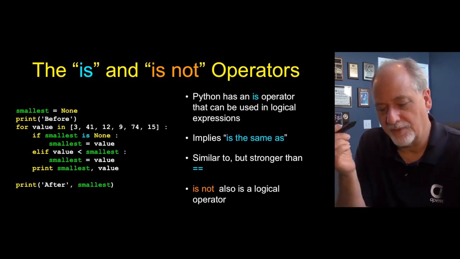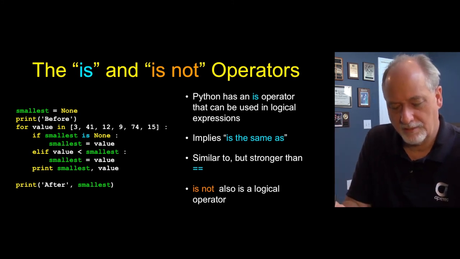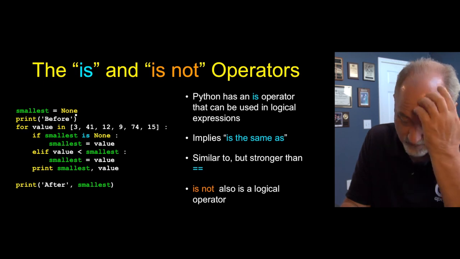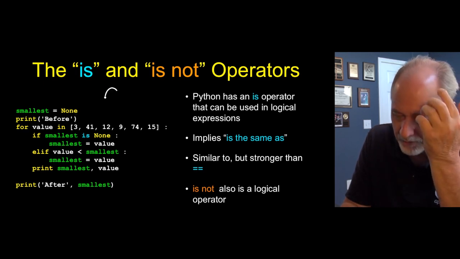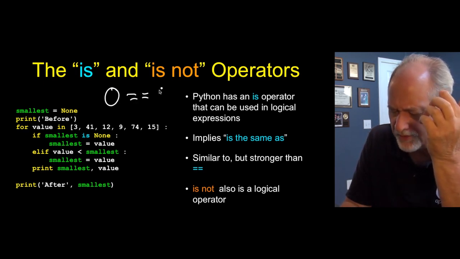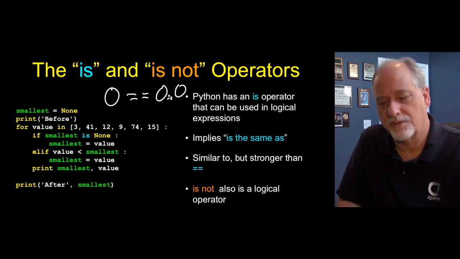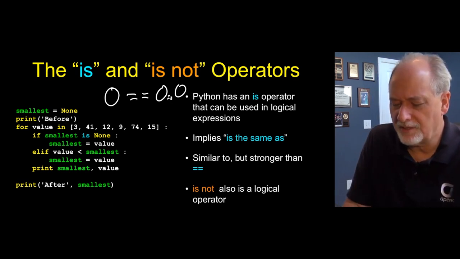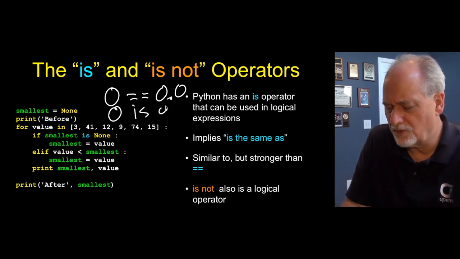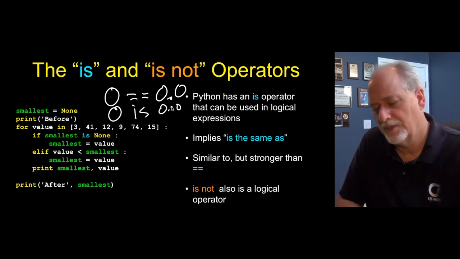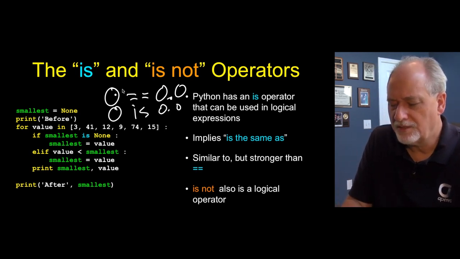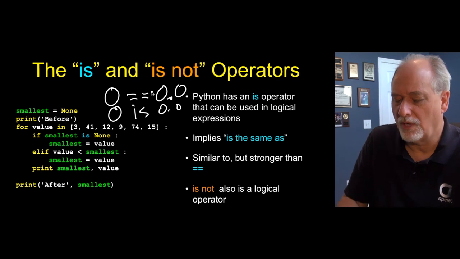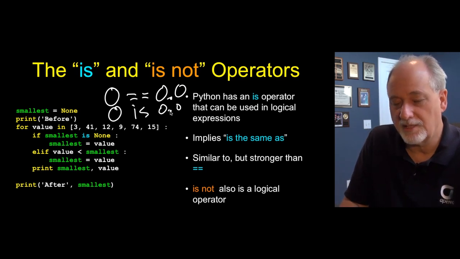Just as an example, if I were to say, is 0 equal to 0.0, it would say, yeah, that's true. But if I say 0 is 0.0, that would be false. That's because these two are the same value-wise, but not the same type-wise.